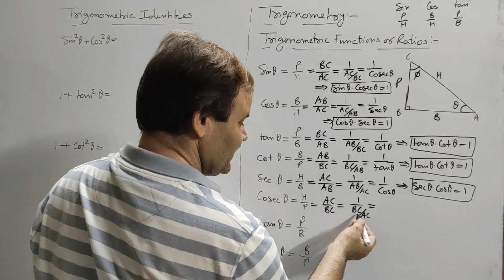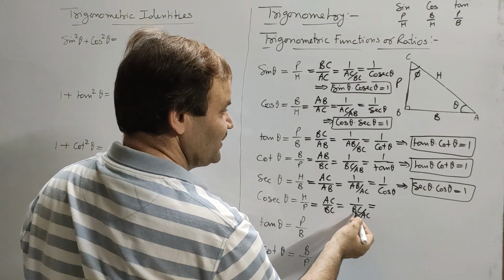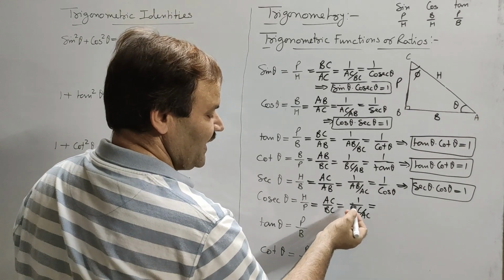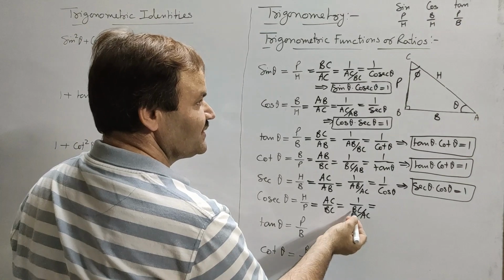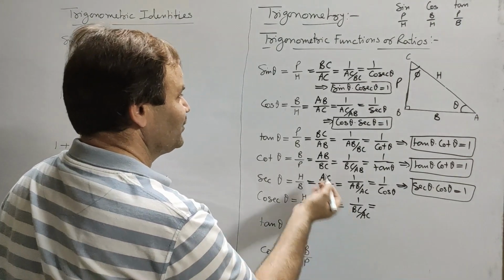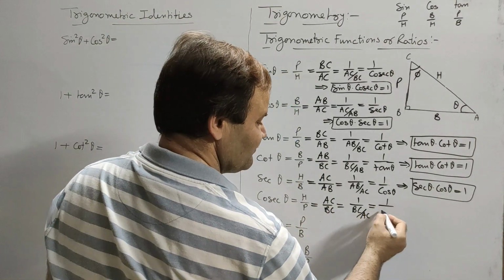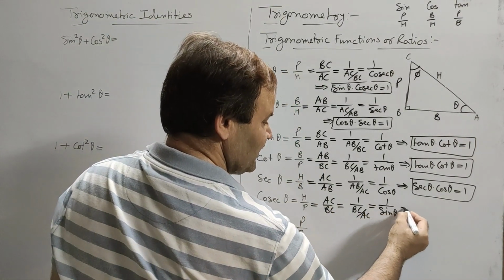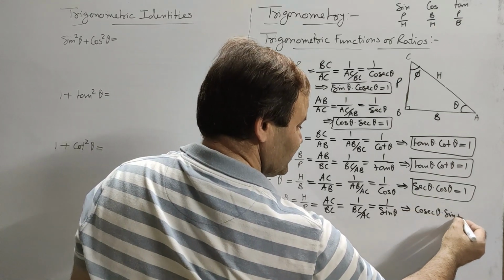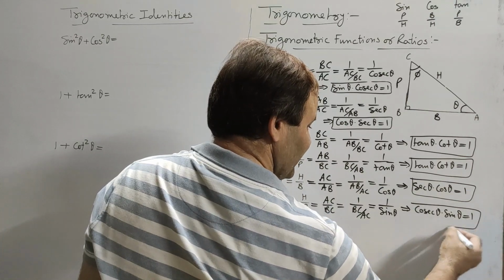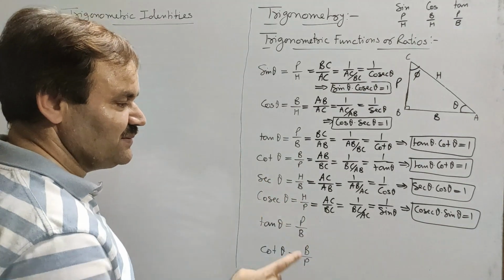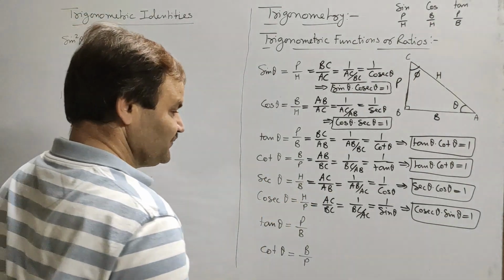This gives BC means perpendicular upon AC means hypotenuse. Perpendicular upon hypotenuse is sin theta, so it becomes 1 upon sin theta. Again we get cosec theta into sin theta equal to 1. And if the product of two numbers is 1, then both are reciprocal to each other.